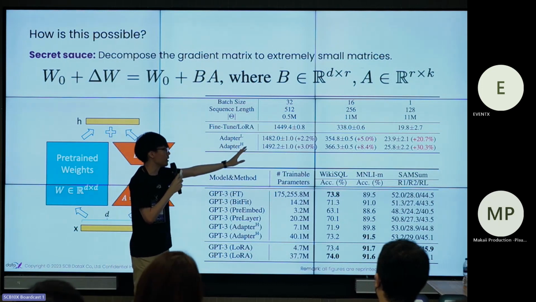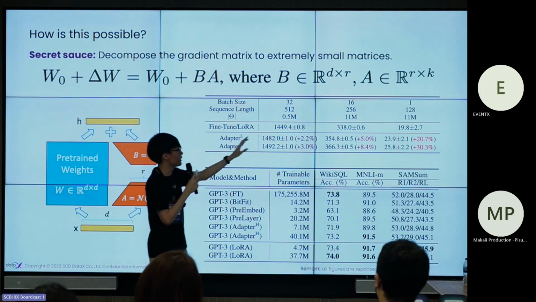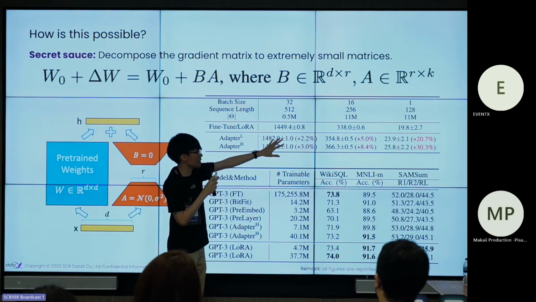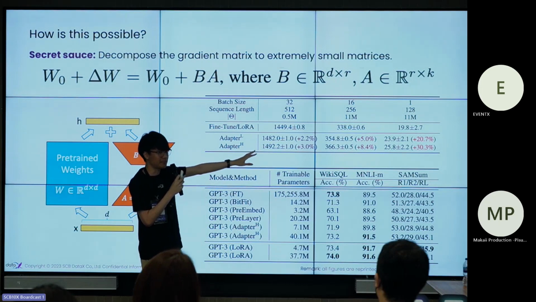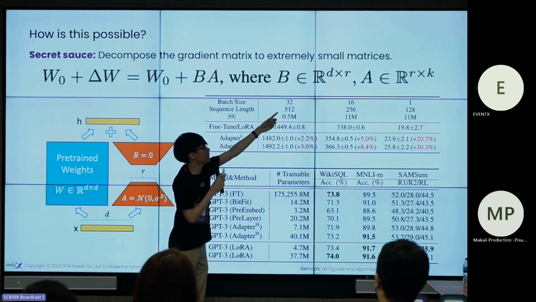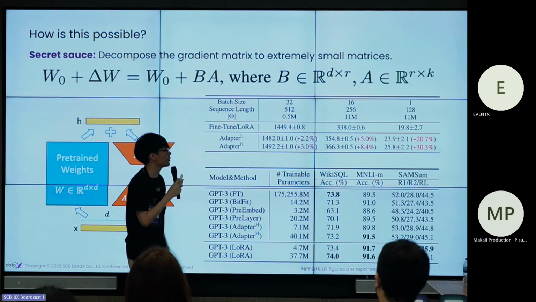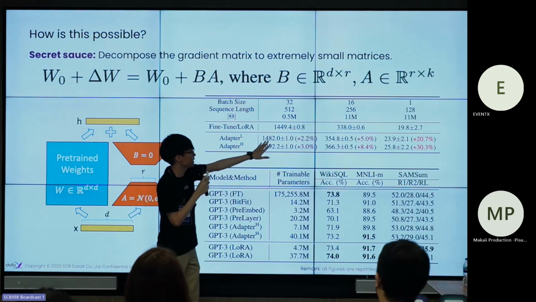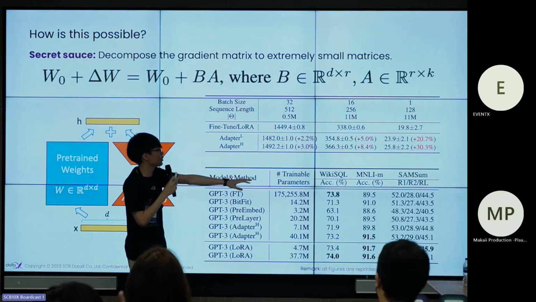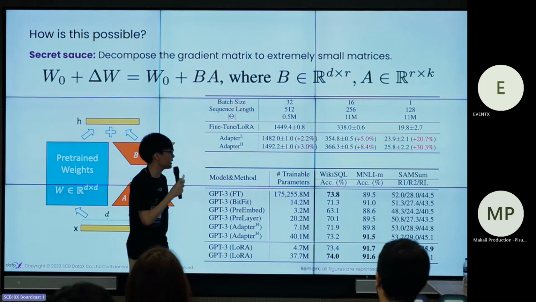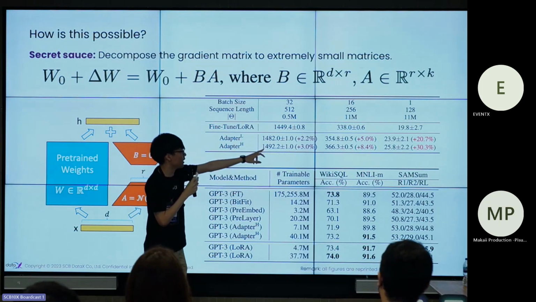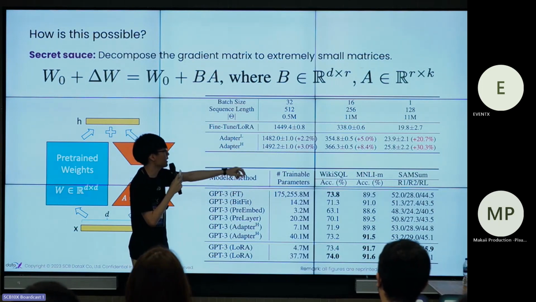This technique, when we fine tune the model, the result here is the inference time. For example, for a 32 batch size, this is the time to run inference on this data in milliseconds.